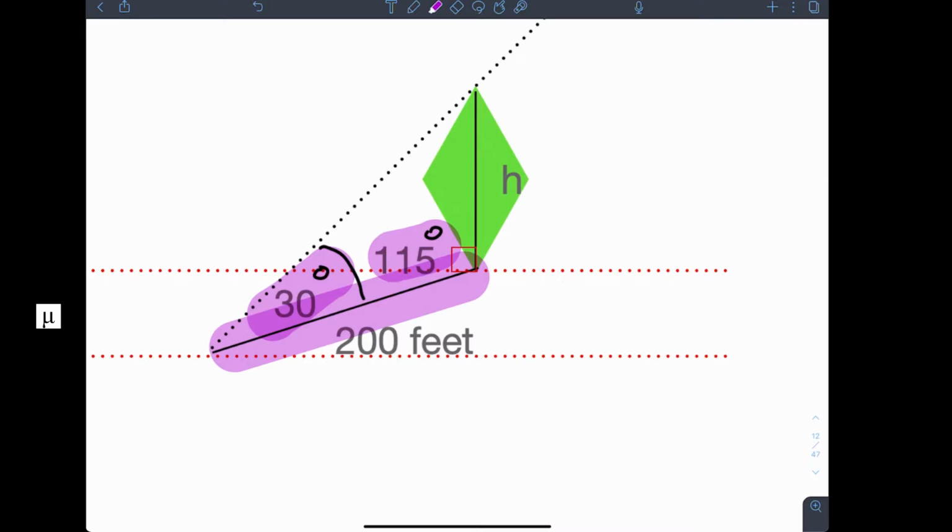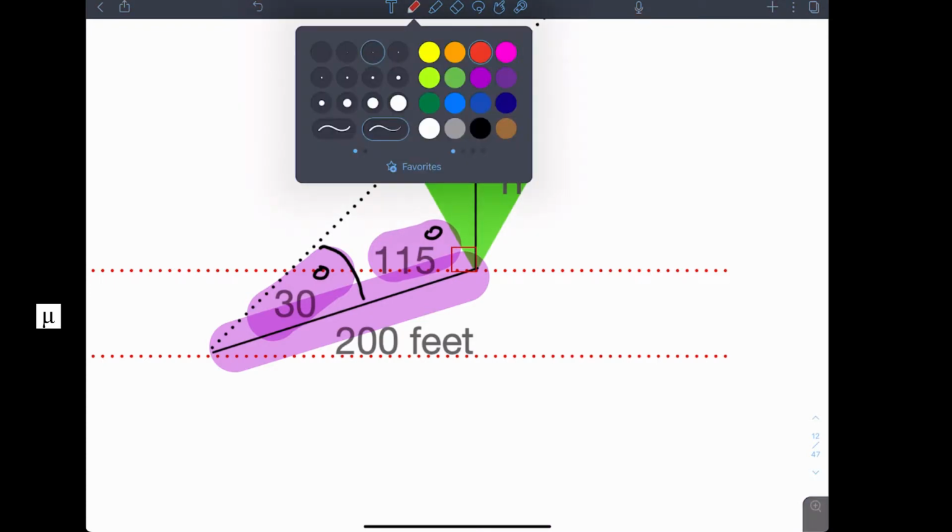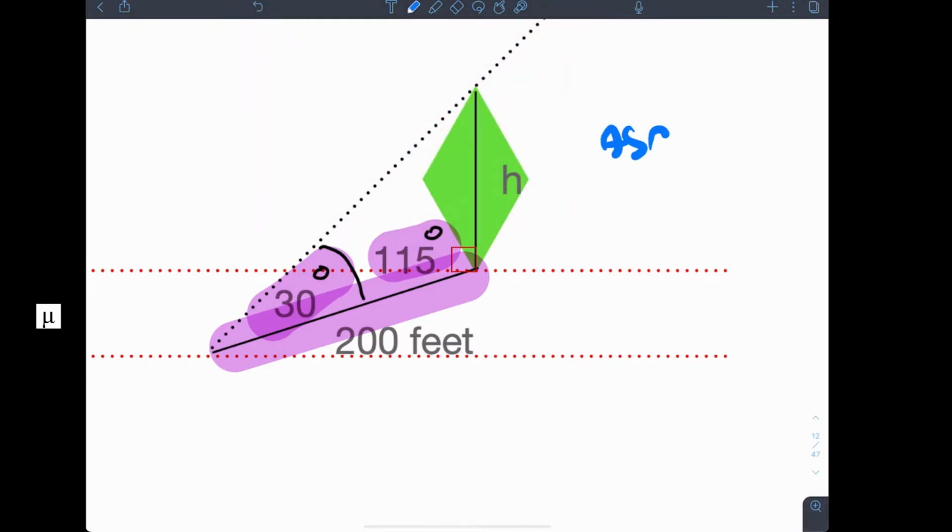So this is what makes this a law of sines question. And you guys know by now, what's the first step? Get the third angle. 180 minus 30 minus 115 degrees.